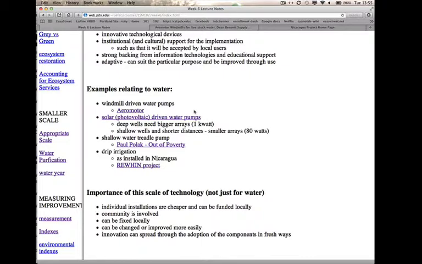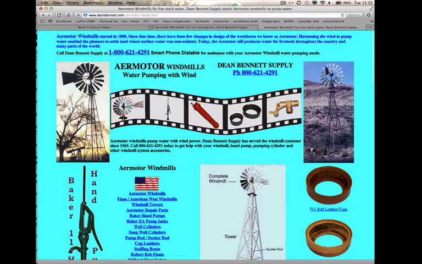Now, one of the sites that you may associate with the Old West are these windmills. But these windmills are still in operation, and the reason is they're very inefficient, but they're super rugged. These can withstand all sorts of wind problems out in the prairies of the United States, Australia, other places where they're implemented.